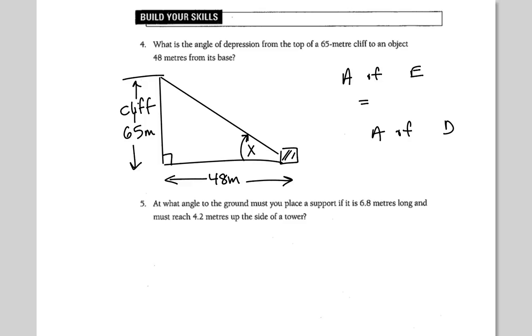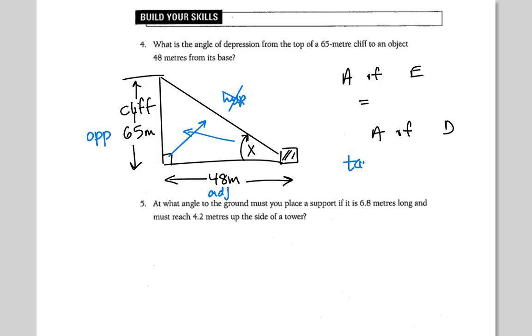So using my labels, 65 is straight across the angle, so that's the op. Straight across the 90 is the hyp, which I don't know anything about, so ignore it. And 48 is the adjacent.